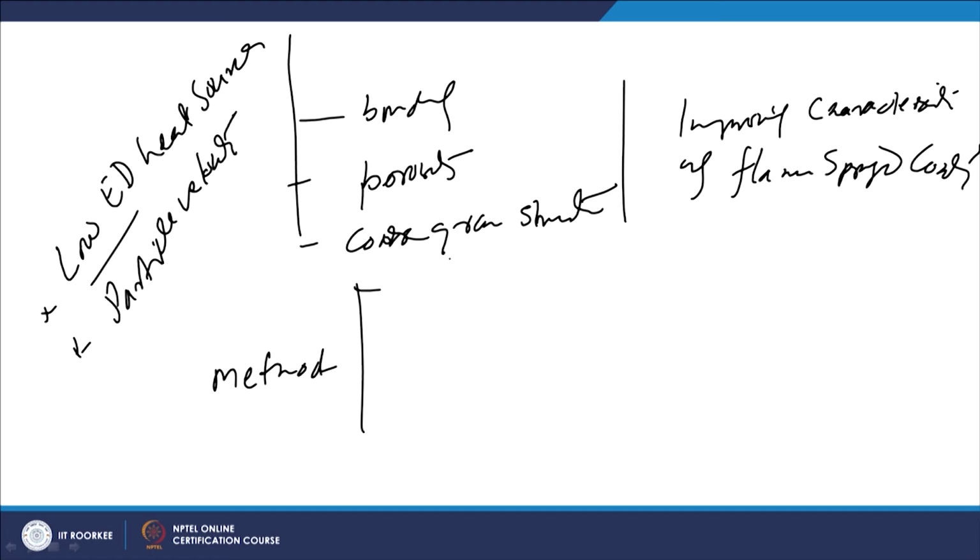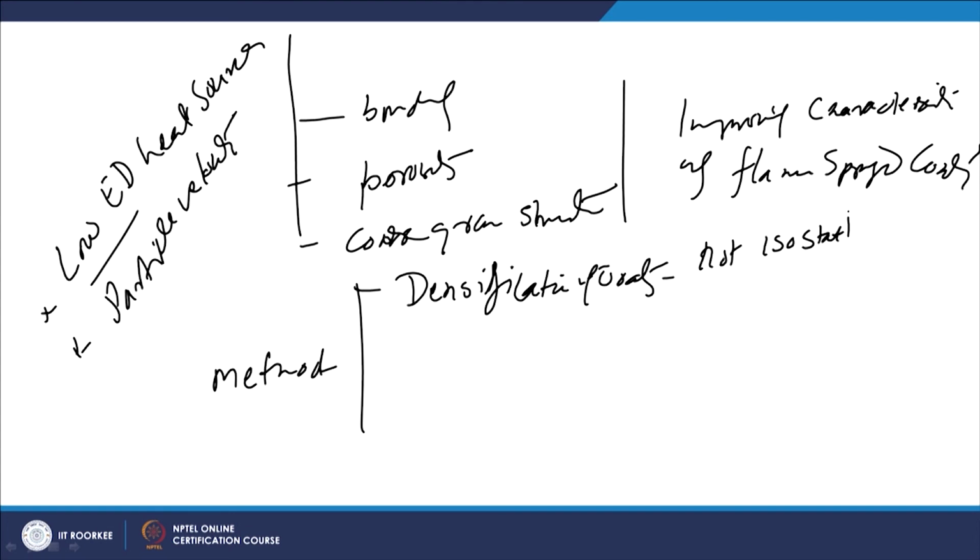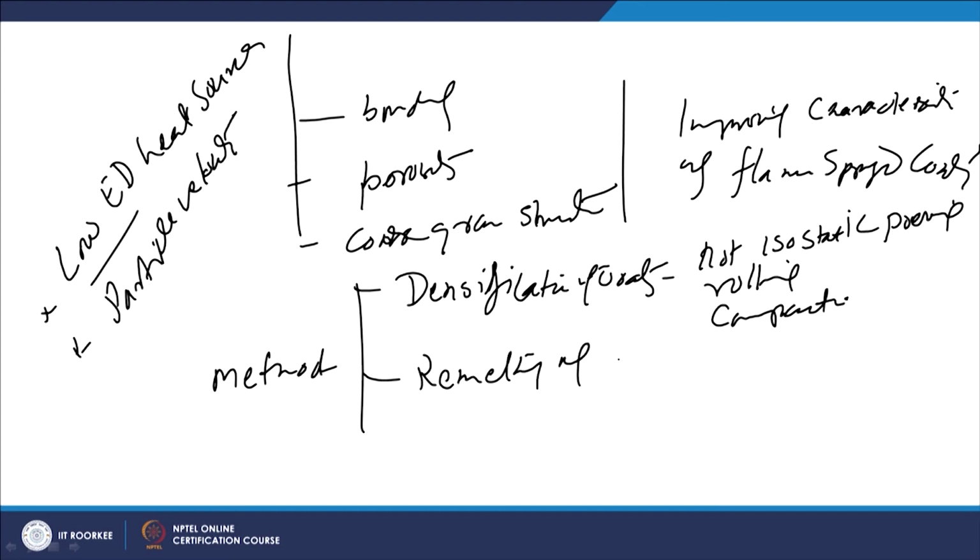So, one is densification of coatings. This may involve use of hot isostatic pressing or rolling or compaction during the flame spraying itself. Another method is the remelting of the flame spray coating.